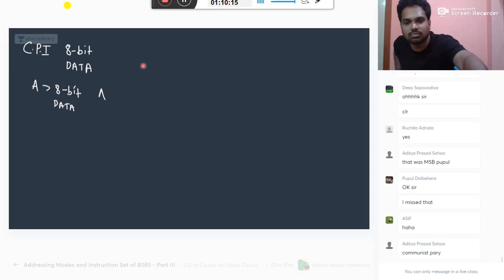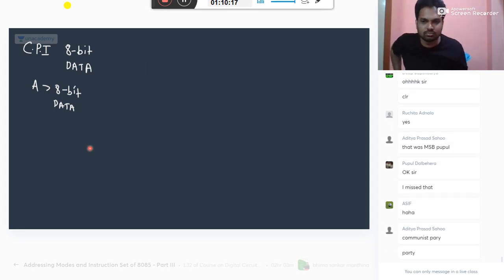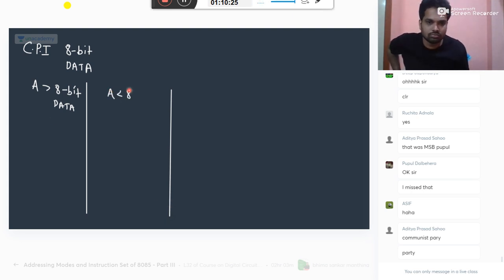Then what you have here is compare with 8-bit data. So how many bytes? 2-byte instruction. What are there? Two machine cycles will be there: opcode fetch and memory read. 4T plus 3T, that is 7T.